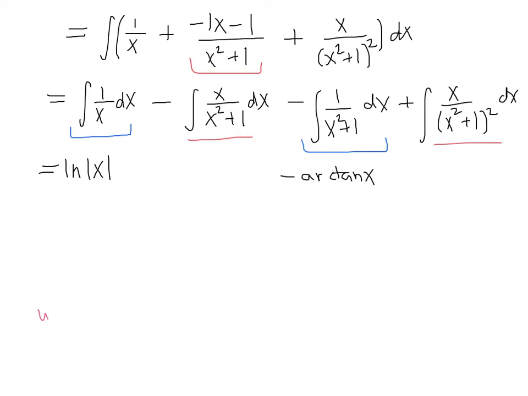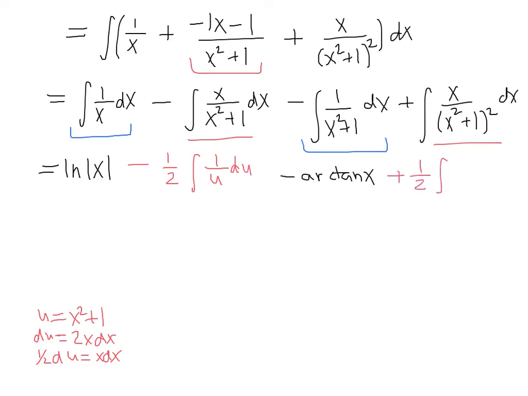If I let u equal x squared plus 1, du will equal 2x dx. So I'll have 1/2 du is equal to x dx. So I have minus 1/2 the integral of 1 over u du, and then plus 1/2 the integral of u to the -2 du.